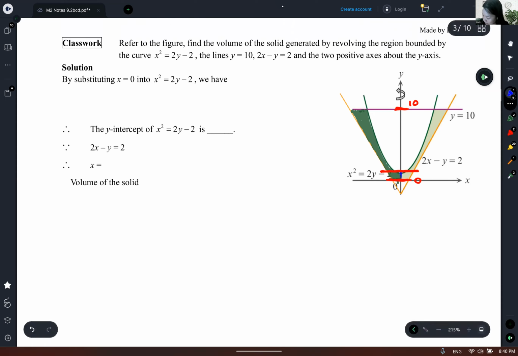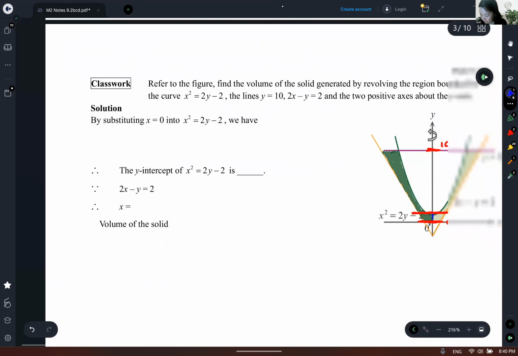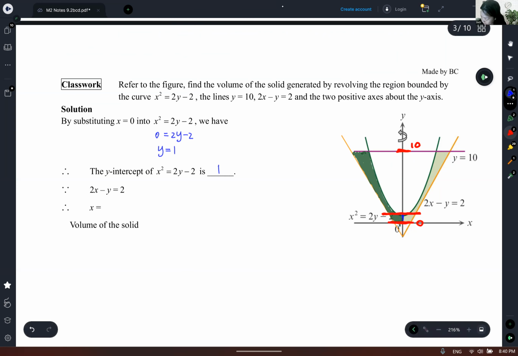Substitute x equals 0 into the curve. So 0 equal to y minus 2, y equal 1. So this point is 1. Okay.